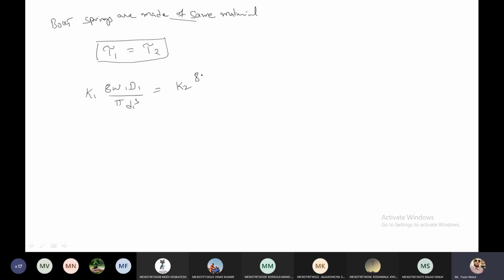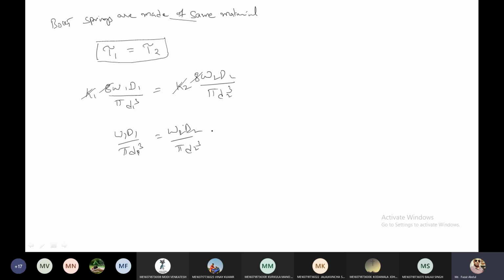K2 into 8W2 D2 by pi D2 cube. Because they have the same material property and we are assuming both spring indexes are the same, these get cancelled. Now W1 D1 by pi D1 cube equals W2 D2 by pi D2 cube.